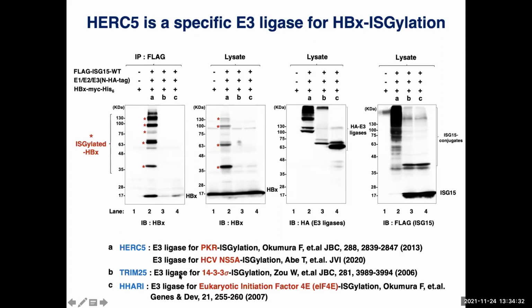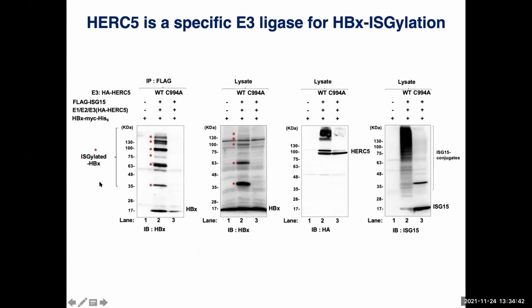But the other E3 ligases have no roles in HBx ISGylation. Then we put a mutation at the catalytic cysteine of HERC5, and this mutant cannot put ISG15 onto HBx protein. So this result indicates that HERC5 enzymatic activity is important for ISGylation of HBx protein.